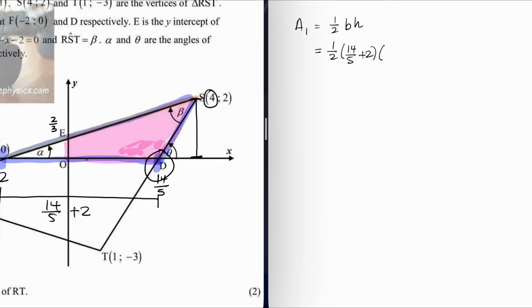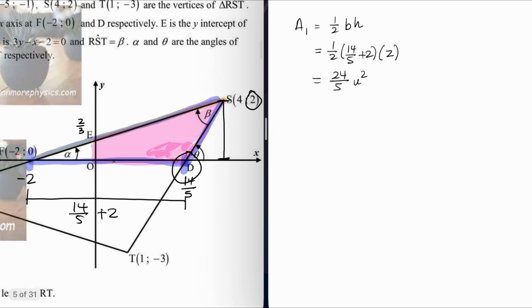So we're looking at the y value, the height is 2. So 0.5 times 14/5 plus 2, multiplied by 2, is equal to 24/5. So the area is 24/5 units squared. So that's the big purple triangle.